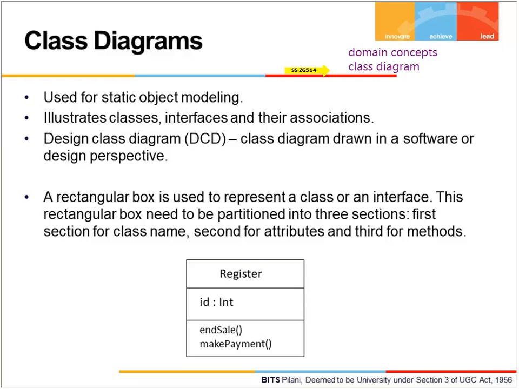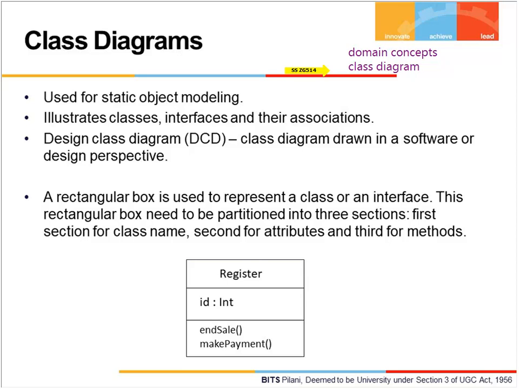If you remember the domain model that we had drawn earlier for a couple of case studies, maybe the snakes and ladders case study, we drew the relationship between the various domain concepts, and every relationship had a direction of read.